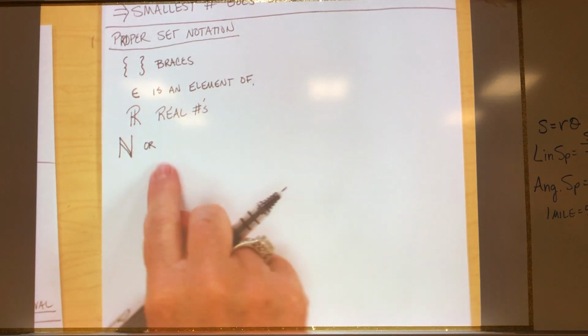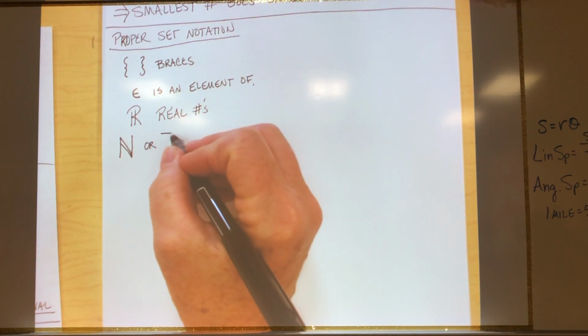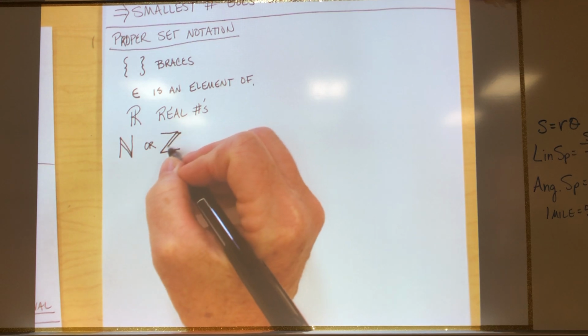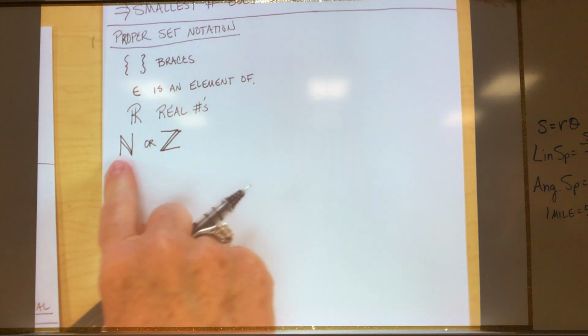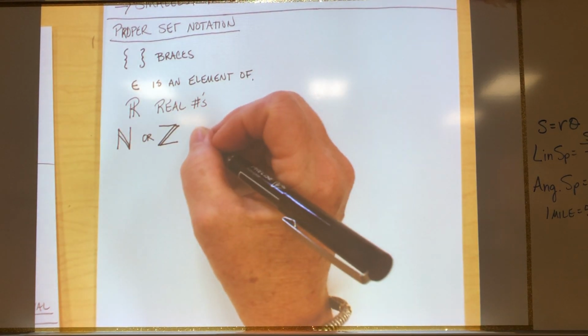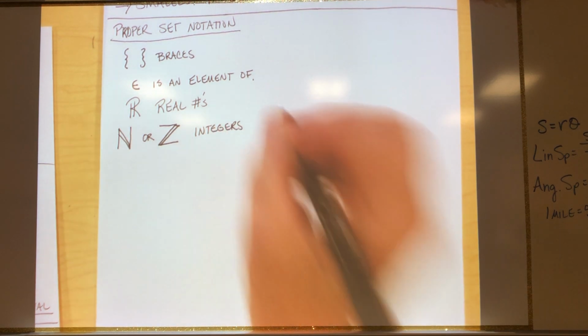Now they're making it a Z. They're making it a double barred Z. That's better. So I do it both ways, because this is the way I actually learned it, but now we have to do it this way because some of the books use the Z. And these are the integers. Okay?